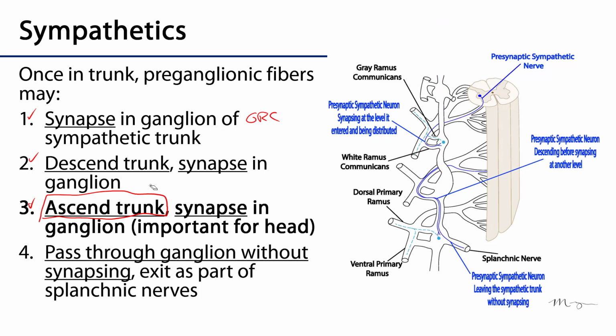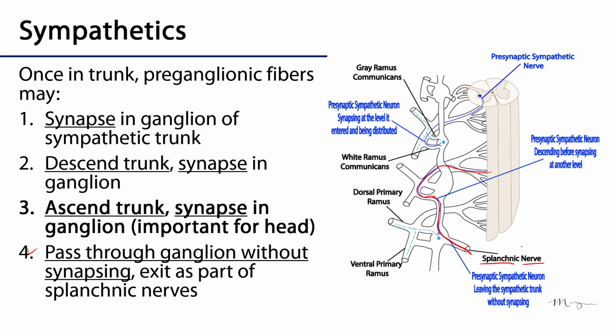The fourth thing that can happen that you should be aware of, but is not going to be a part of what's going on with the head or the neck, is that the fibers that come in, those preganglionic fibers, let's just come from this level because that's already highlighted or drawn, they enter in through the white rami communicantes, or this white ramus communicans, and then they leave the sympathetic trunk without synapsing at all, and they participate in collections of these fibers called splanchnic nerves.